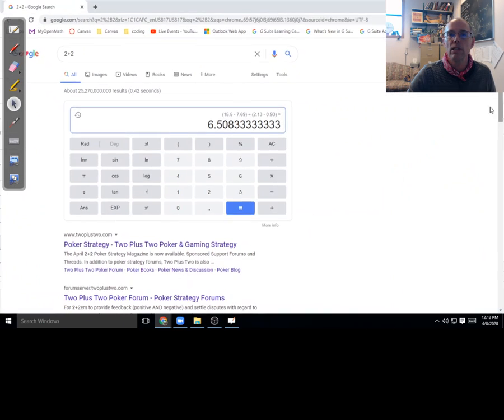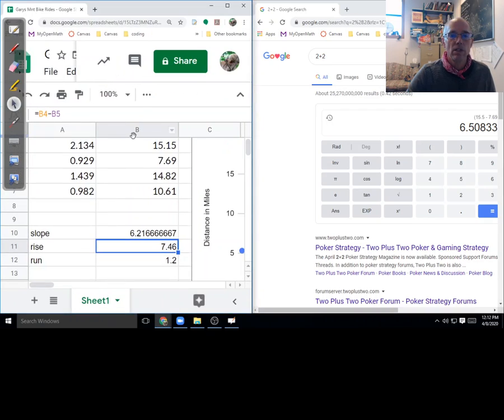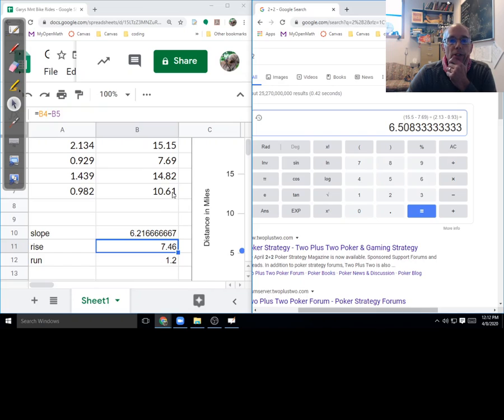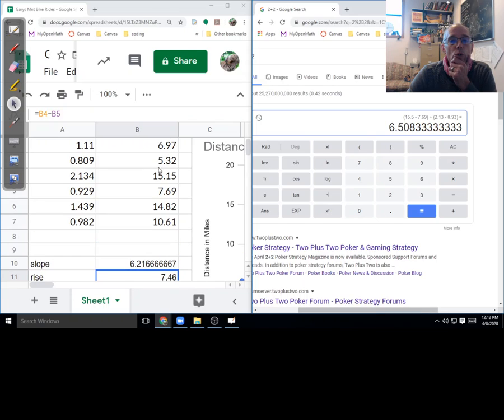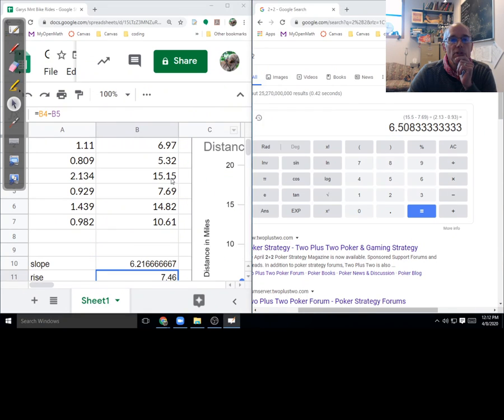Let's see. It's good to double check stuff. 15.15. Oh, okay. So I just miswrote something somewhere. 15.5 is what I wrote there, and my spreadsheet shows 15.15.